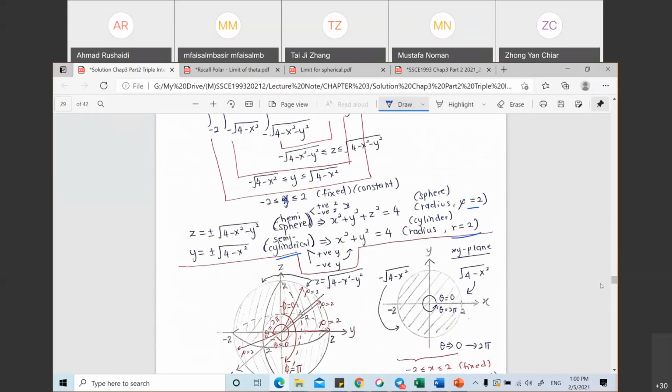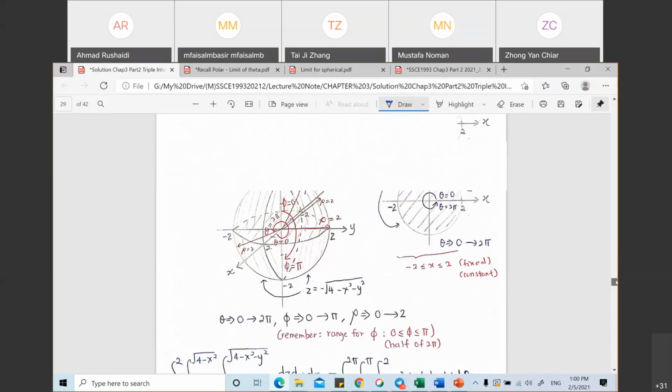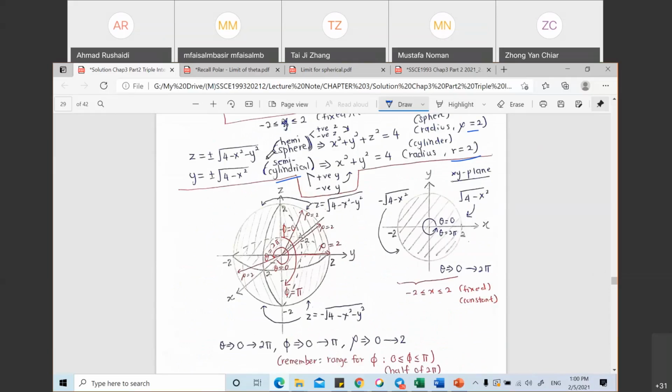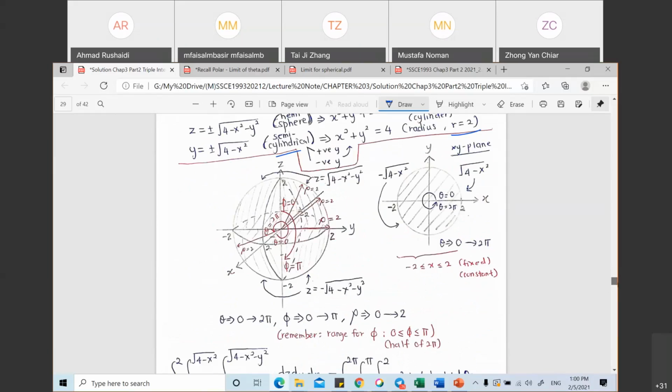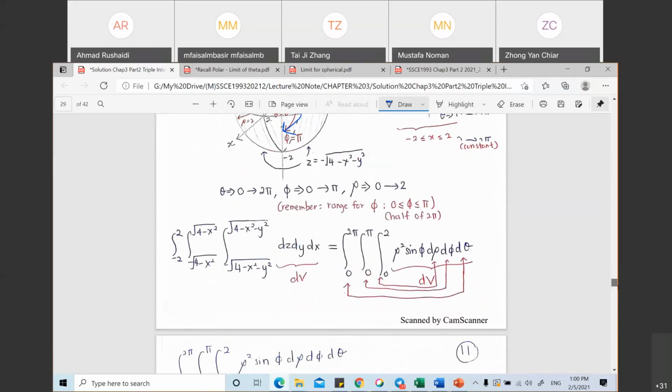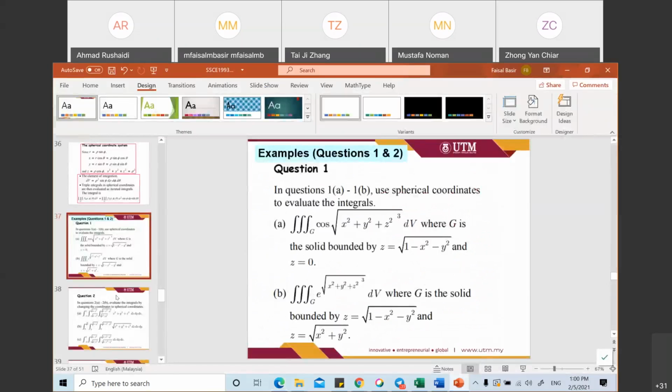And the angle is 0 to 2 pi. It covers inside because the sphere has radius 2 and your cylinder also 2, so your cylinder is inside actually. So you have 0 to 2 for the sphere, phi 0 to pi. See, we cannot exceed more than pi, as written here. Others are just calculations.